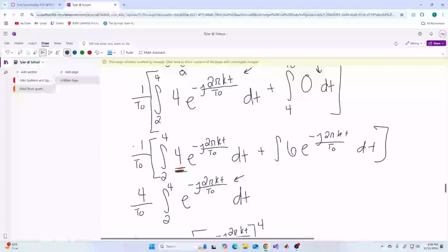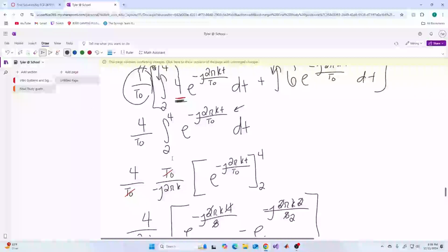I have to work with it, and that's perfectly fine. That's not an issue. I can pull that 4 up front here, if you remember our integral rules, and we can work it that way. But remember, this 1 divided by t sub 0 is multiplied into each of them.